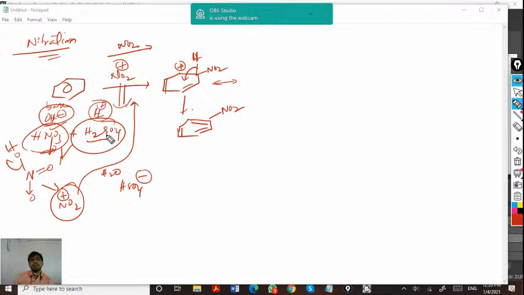What is the criterion for HNO3 to act like a base? It is just comparative acidity and comparative basicity. Remember one thing, it's very important for your conceptualization of acidity: acidity and basicity are comparative, not a permanent or standard nature of a molecule.